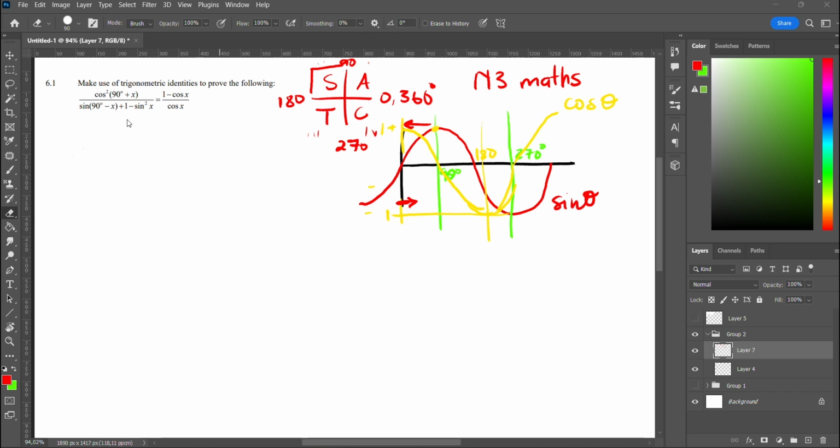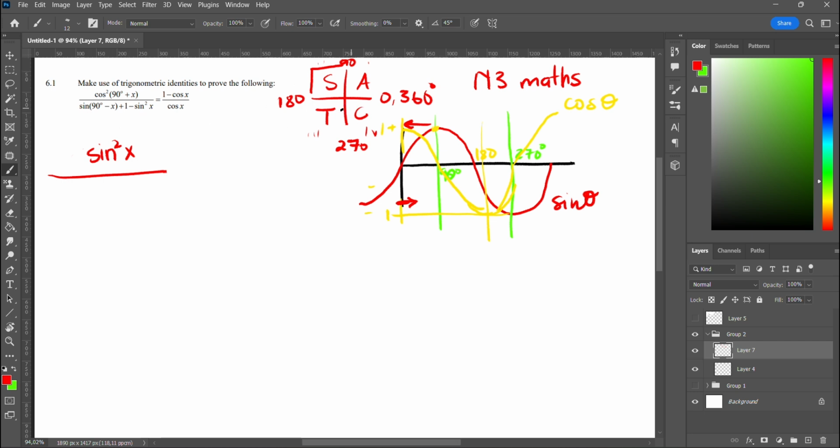So what that means is that this, though it is minus sine, the identity would become plus sine squared because it is squared, right? And then all over. Now sine 90 minus x, it's going to be cos, of course.